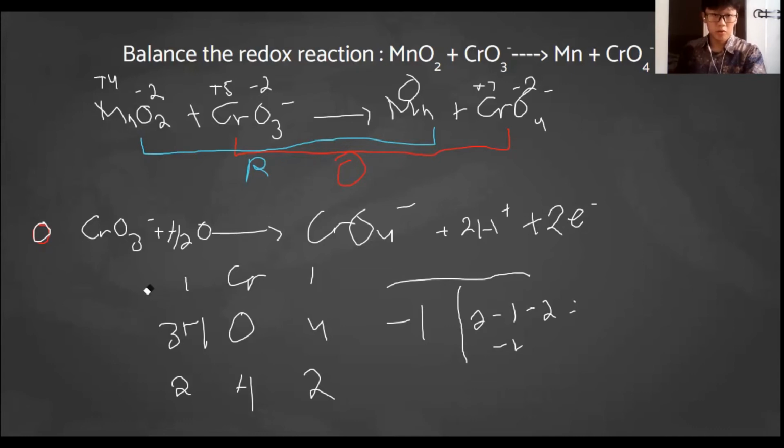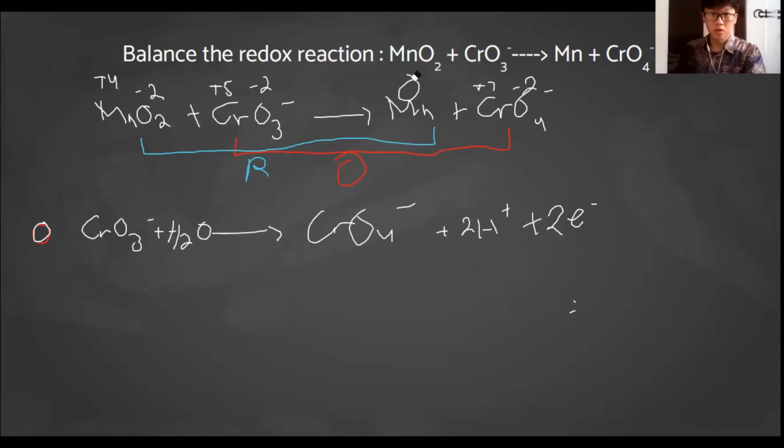Now let's move to the reduction reaction. So for the reduction reaction, here manganese oxide will yield manganese. So as we can see here, we have equal manganese on both sides, and for oxygen on the left side we have 2, so we have to add 2 more oxygen on the right side.